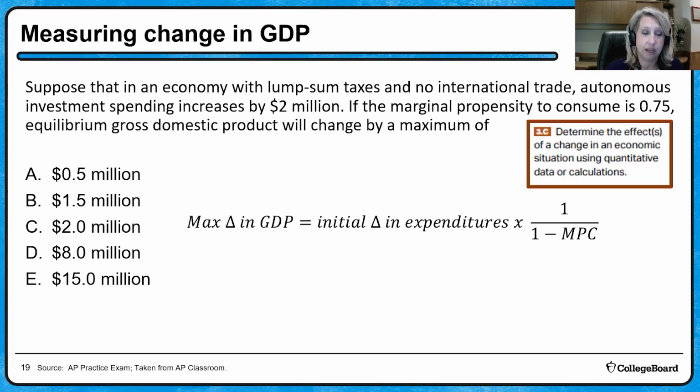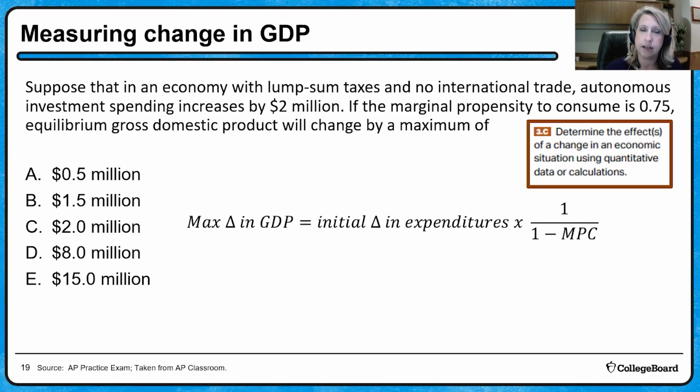Max change in GDP equals initial change in expenditures times 1/1 minus MPC. The max change in anything is equal to the initial change times the multiplier. If our initial change is in an expenditure category like C, I, G, X, or M imports, then we use our spending multiplier, which is 1/1 minus MPC or 1/MPS.